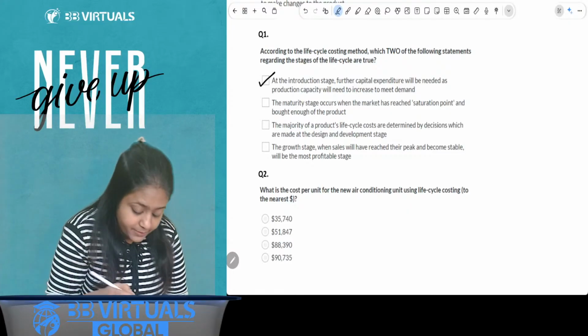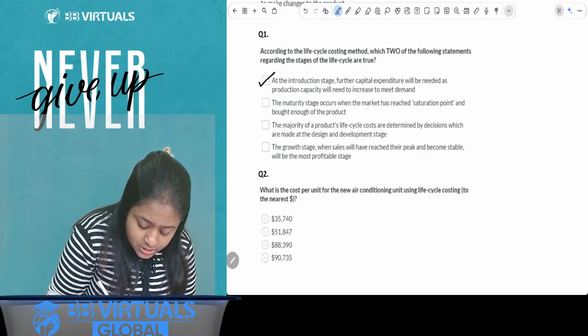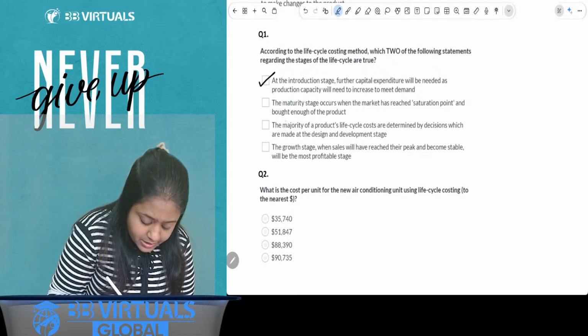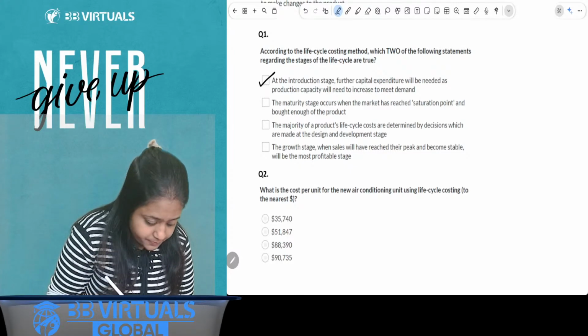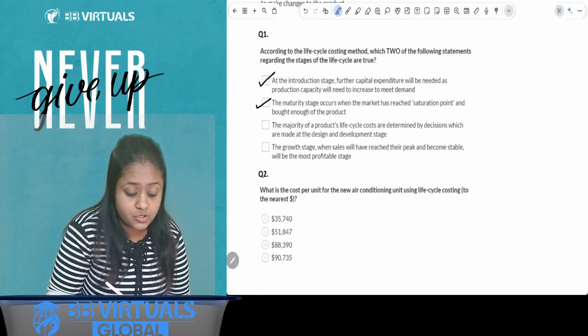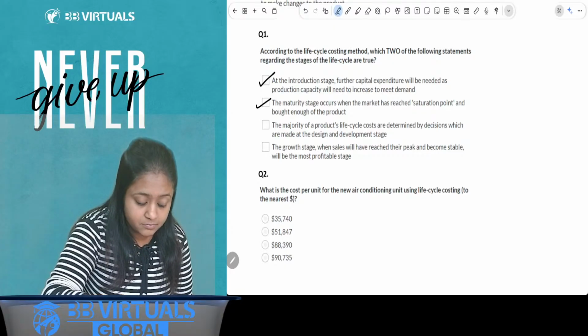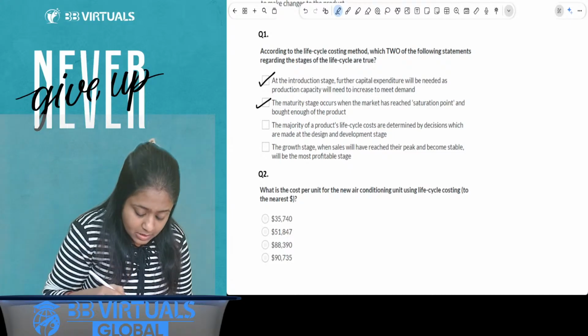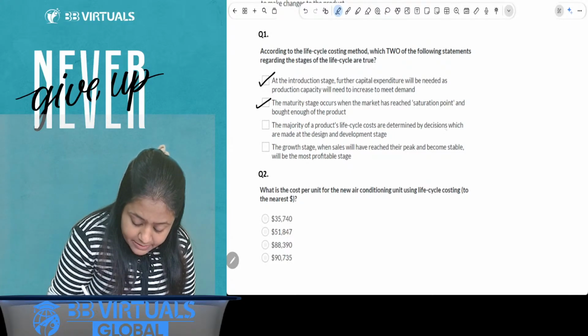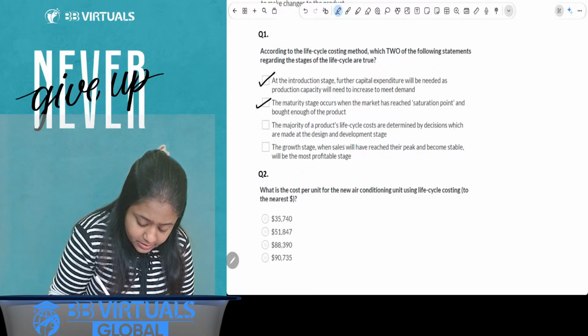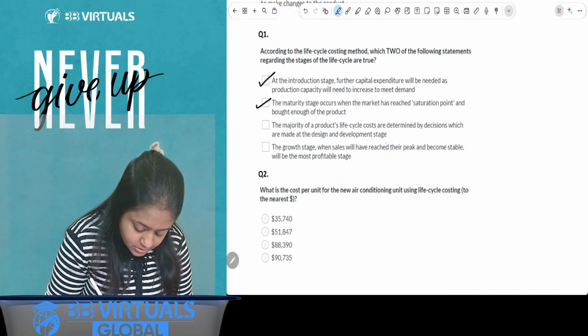We've already covered it. The maturity stage occurs when the market has reached saturation point and bought enough of the product. This also looks correct to me. Okay, the majority of a product's life cycle costs are determined by the decisions which are made at the design and development stage.